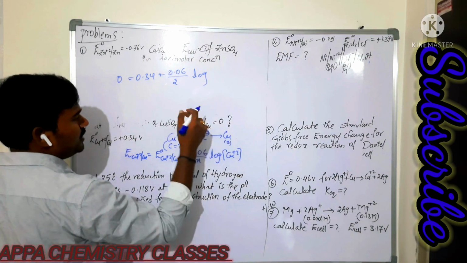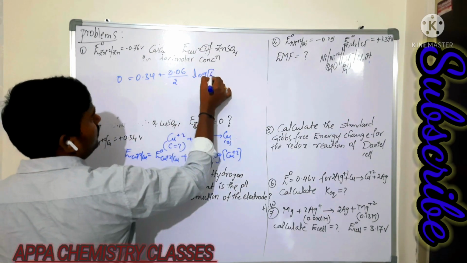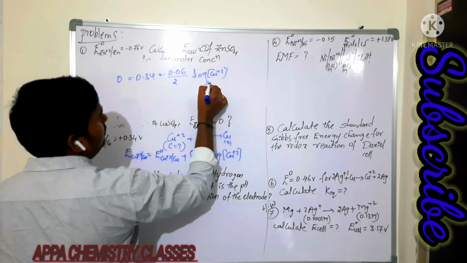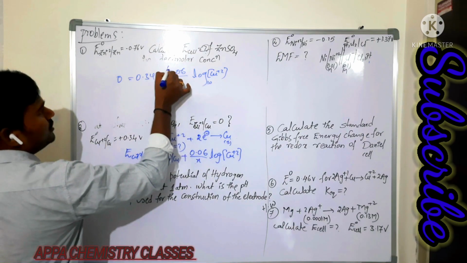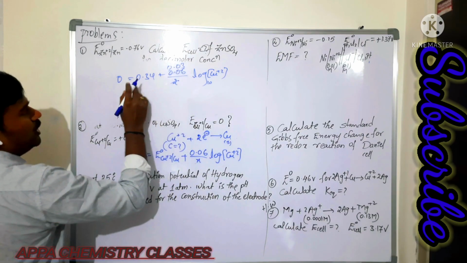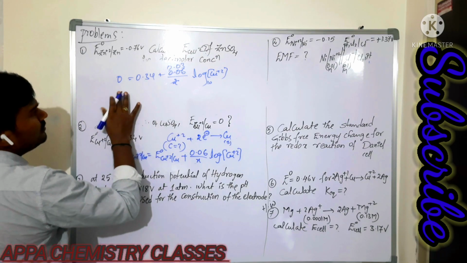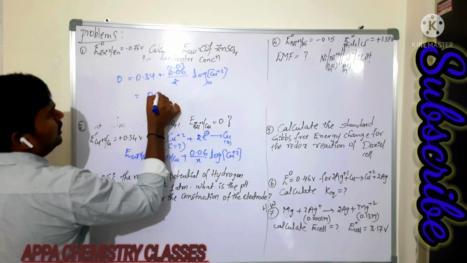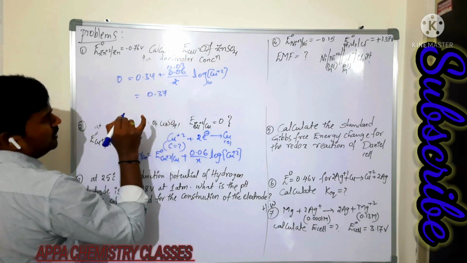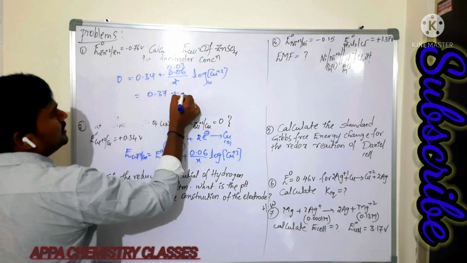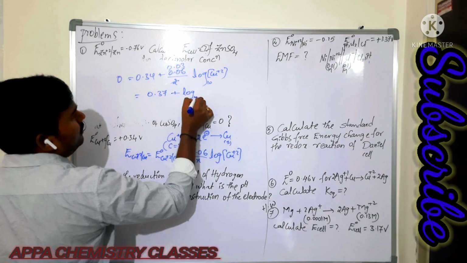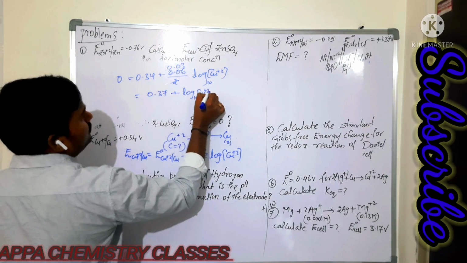Log of the concentration of copper ion, which we have to calculate, base 10. So it becomes 0.03. So 0.34 plus 0.03 is nothing but 0.37, plus log of copper plus 2. Okay?